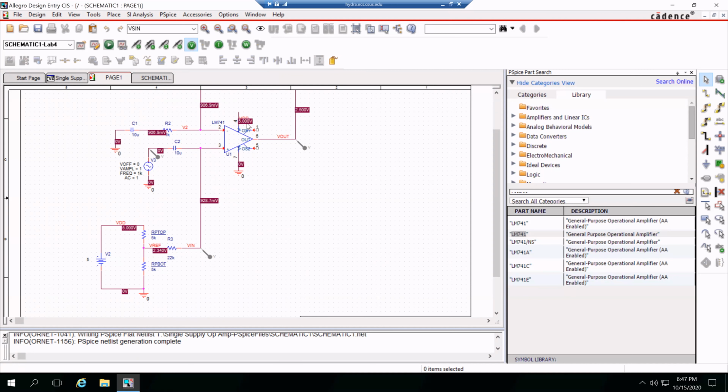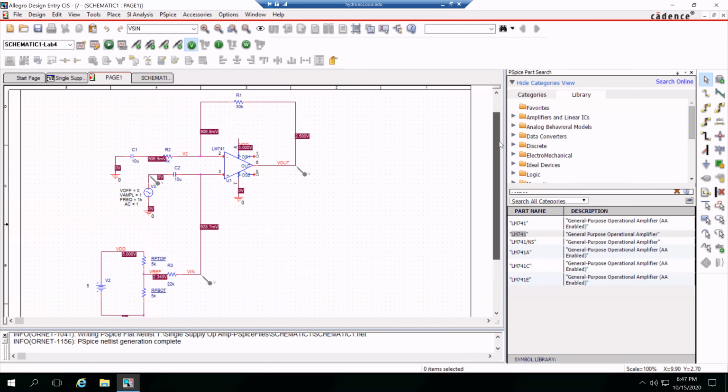We got 0 here, 5 here. Let's see here. Yeah, this doesn't look too great. Something's not quite right.